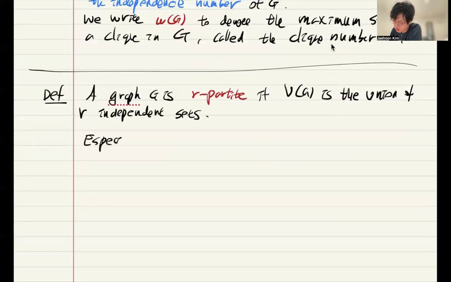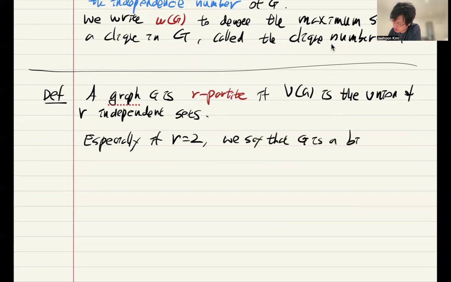Especially if r equals 2, we say that G is a bipartite graph.